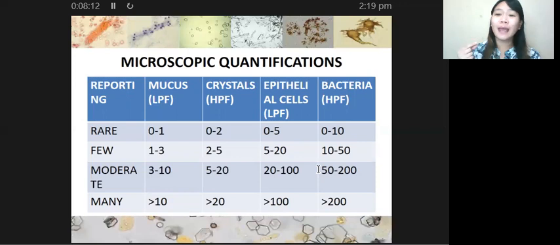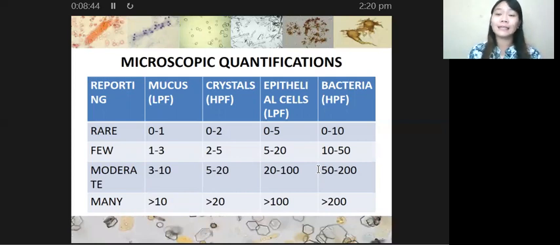So we still count them. Even though our reporting of these sediments is word per HPF or word per LPF, we still count them, and where the average falls in 10 LPF or 10 HPF, that is the word we will use for the reporting of your sediments.